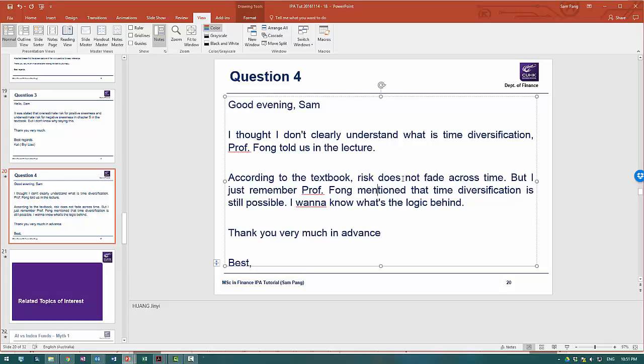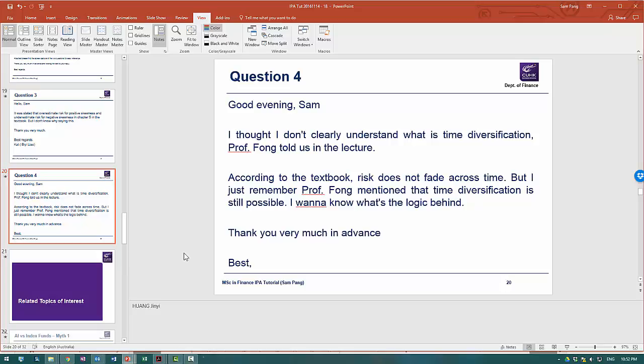I want to know what is the logic behind. Okay, I can split the answer into two parts. The first part is the theory, and the second part is I share with you some empirical observations.